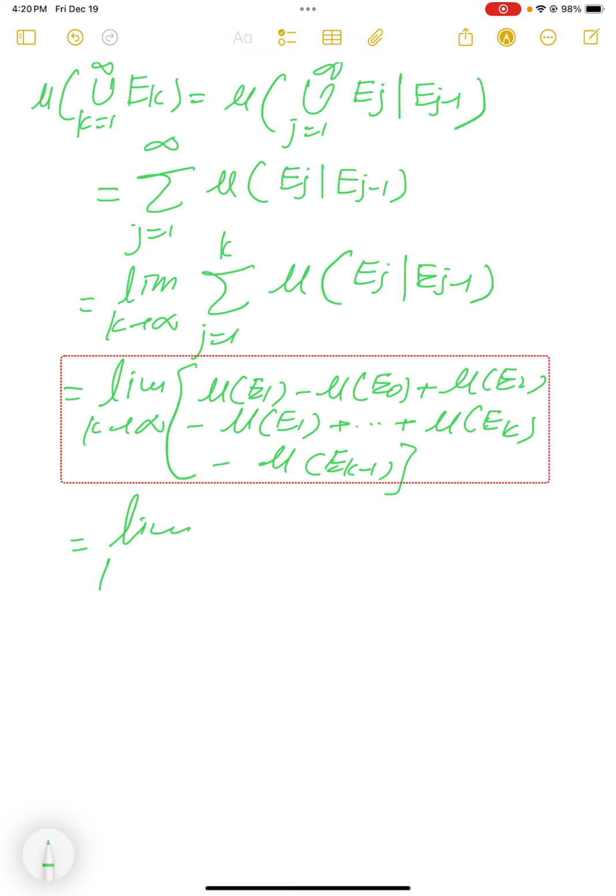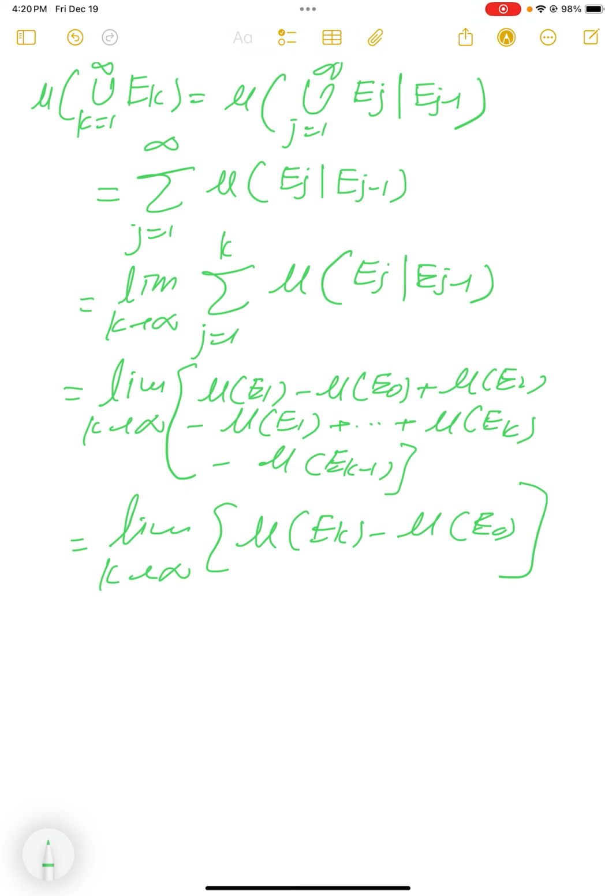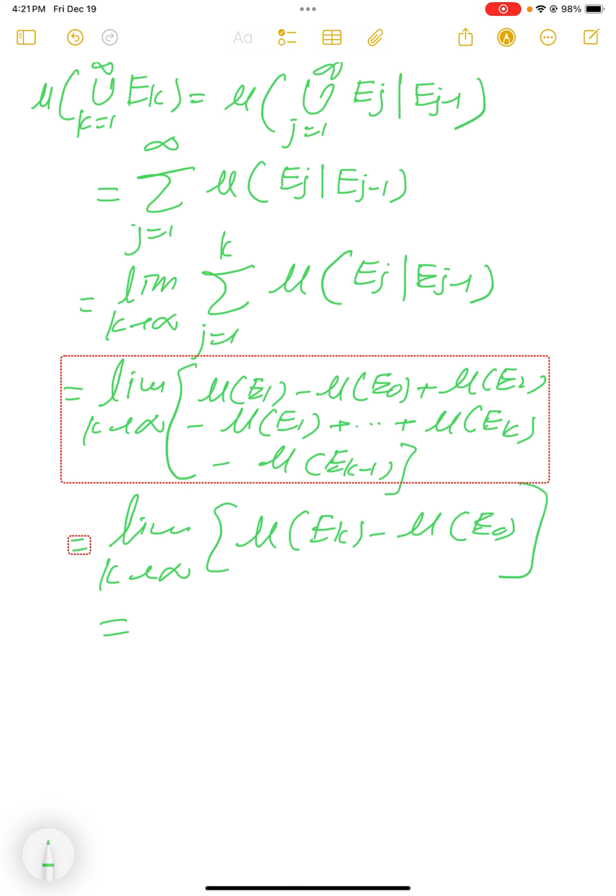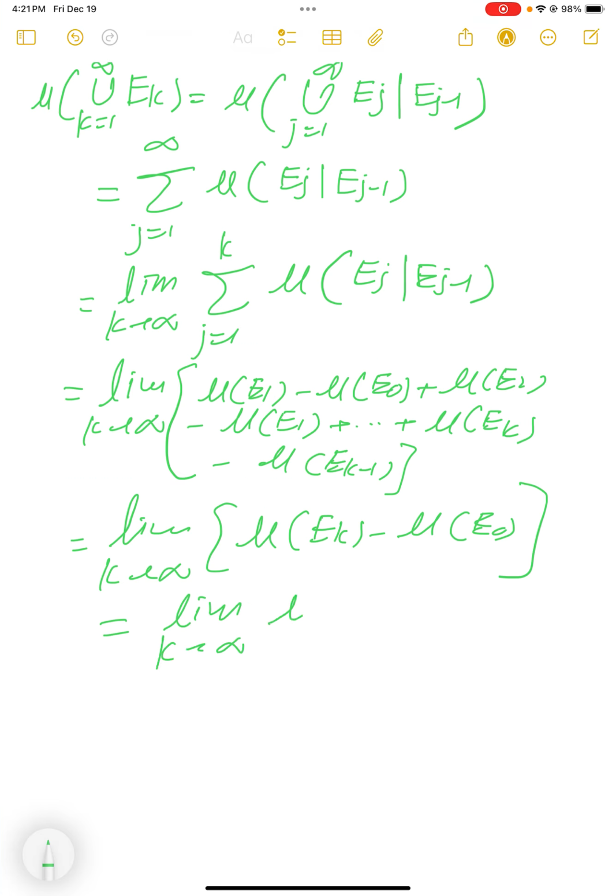So what we have is the limit as k approaches infinity of the measure of E_k minus the measure of E_0. But since E_0 is empty, the measure of the empty set is 0, and what we have is this thing. So done. This proof was very simple.